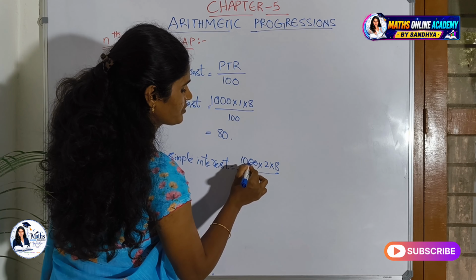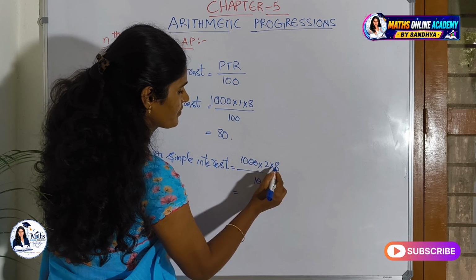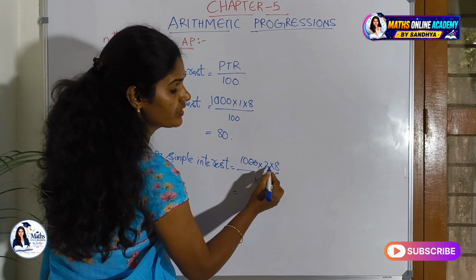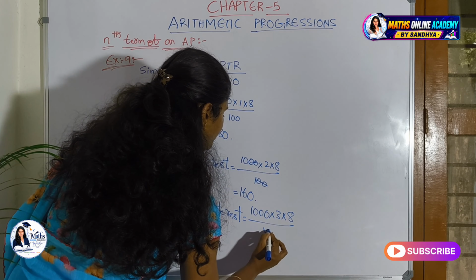So these two cancel, these two cancel. 8 twos are 16, 160. Okay. Next one is third year simple interest. Third year simple interest equals 1000 into 3 into 8 by 100.